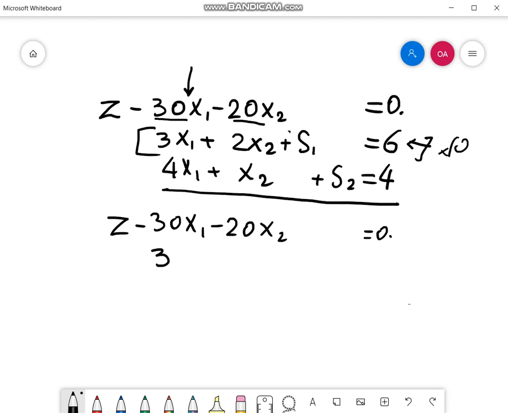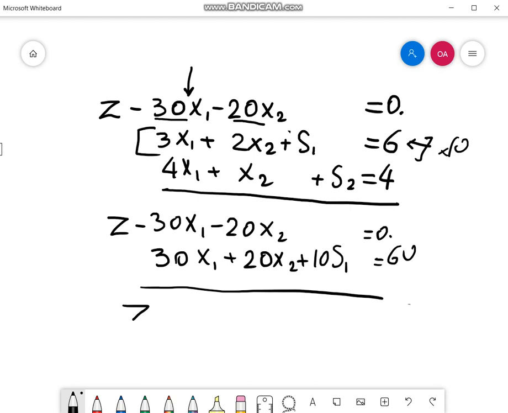So we have 30x1 plus 20x2 plus 10s1 equals 60. So adding these two equations, z plus 10s1 will equal 60, and we know s1 is now non-basic. This is our assumption. So we have already contributed to z.